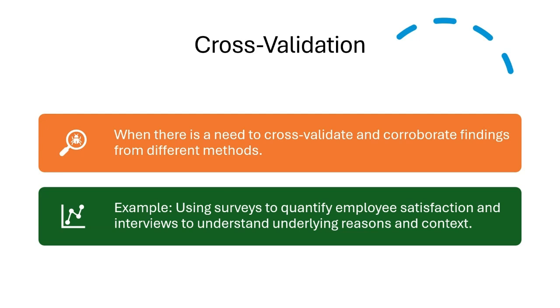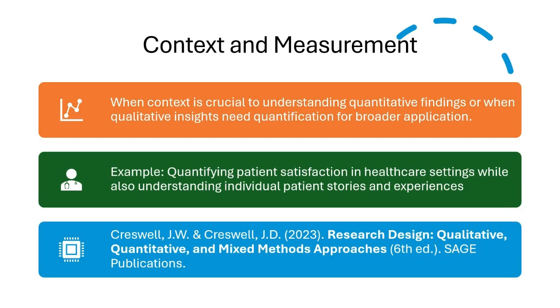When we look at context and measurement, when the context is crucial to understand quantitative findings or when qualitative insights need quantification for broader applications. So, for example, quantifying patient satisfaction in a healthcare setting while also understanding individual patient stories and their experiences.